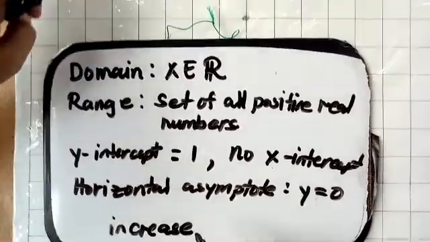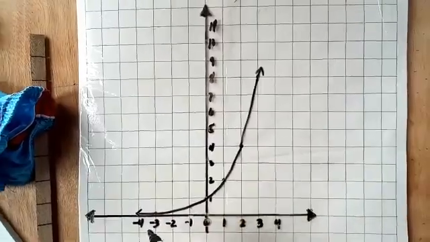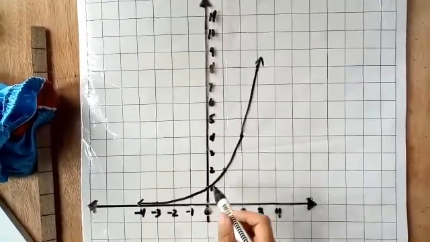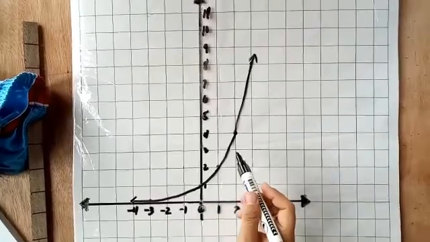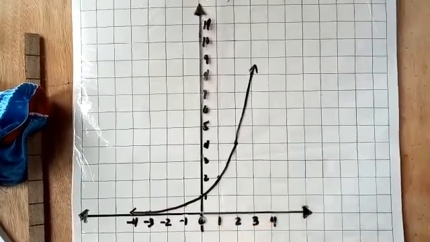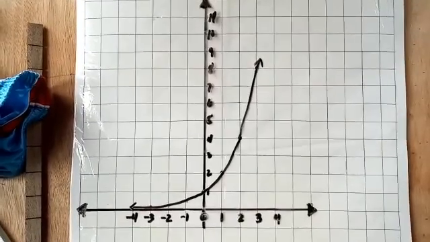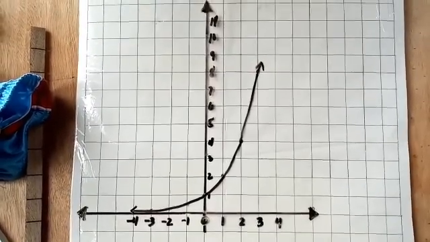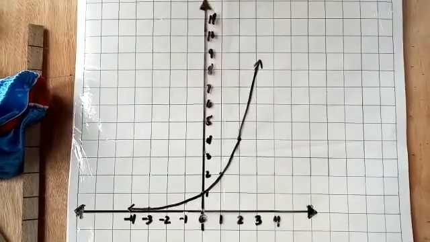As we can see on the graph, from left to right, the curve gets higher and higher. So increasing function, since our b or base on the given function is 2, and since 2 is greater than 1, so the graph is really increasing.